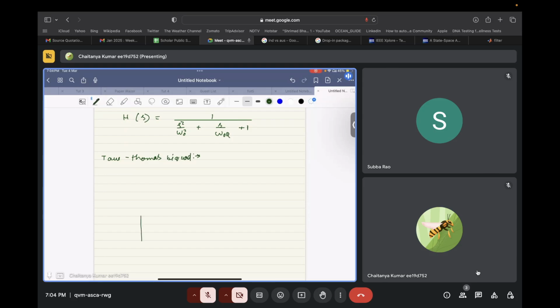So what we have over here is this R1, C1.